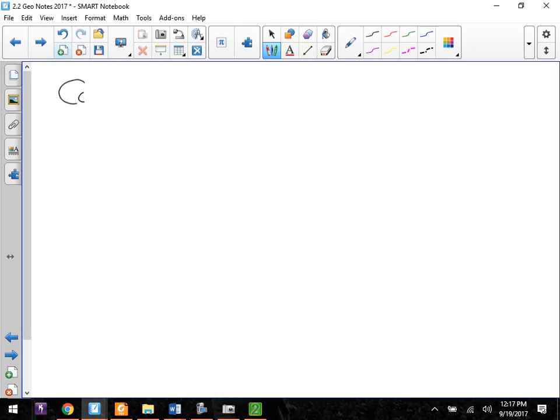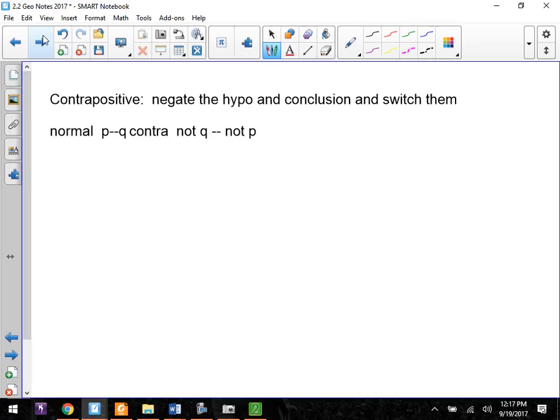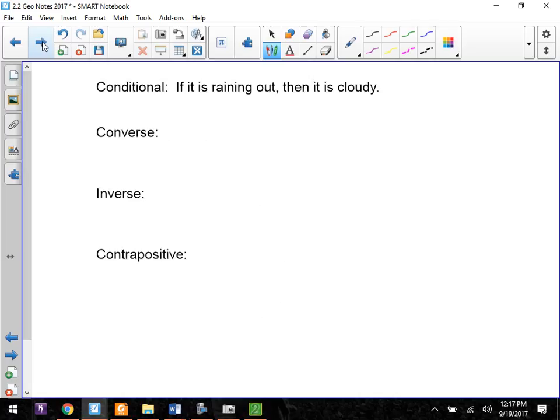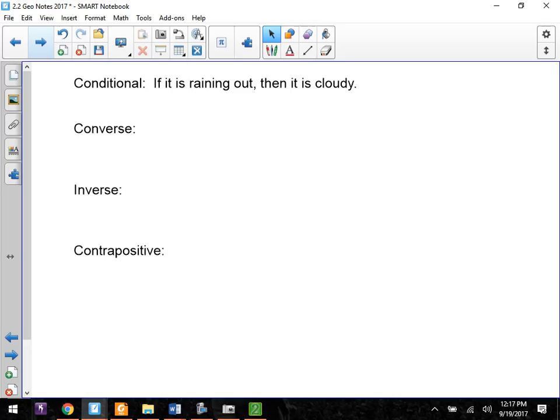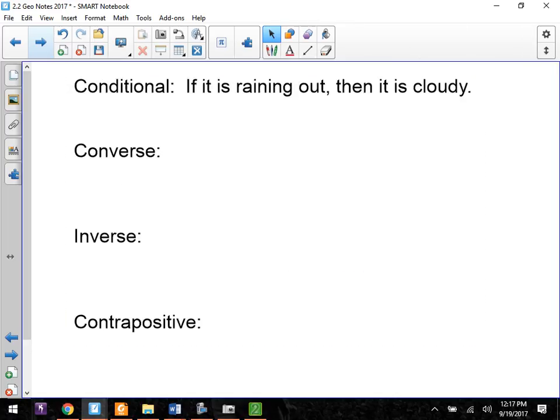Here is a conditional. If it is raining, then it is cloudy. P implies Q. Go through all of those.